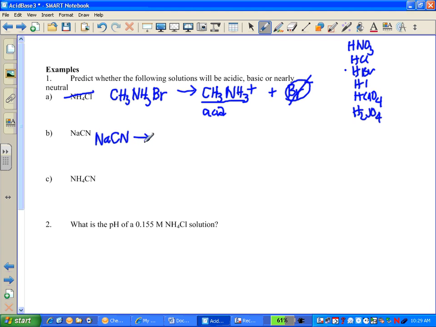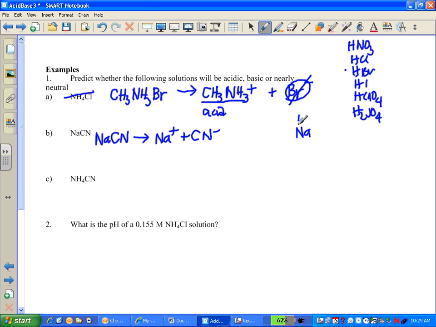Okay, so this salt here dissociates to produce Na+ and CN-. So Na+ comes from our list of strong bases. The key here is to be able to recognize whether you've got a strong acid or base conjugate.